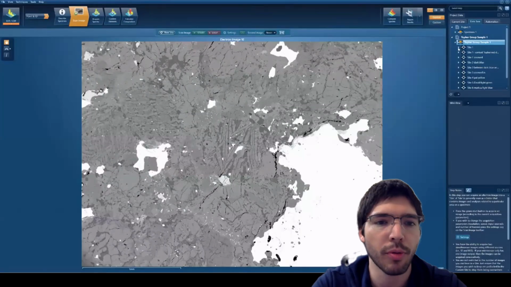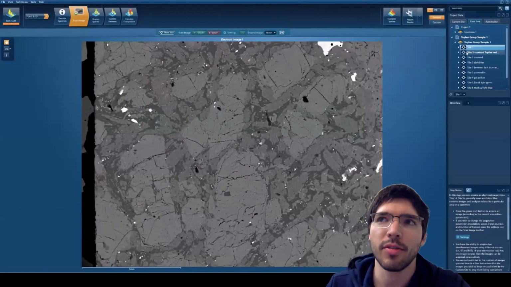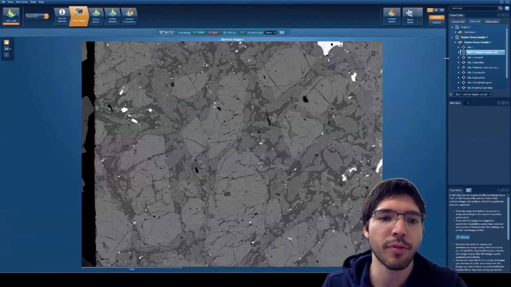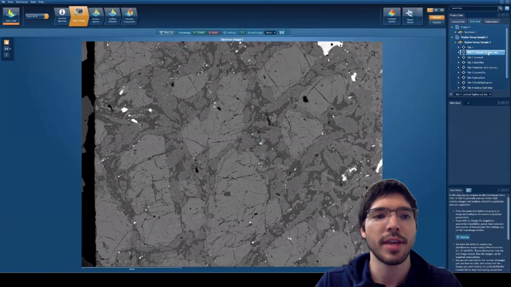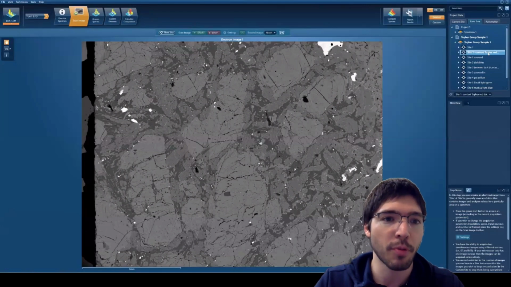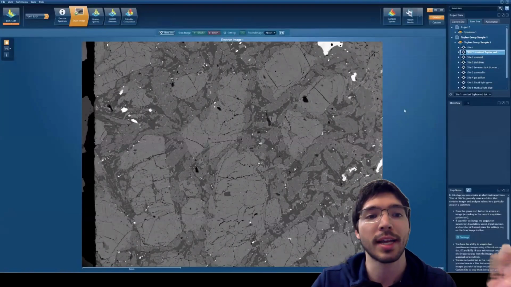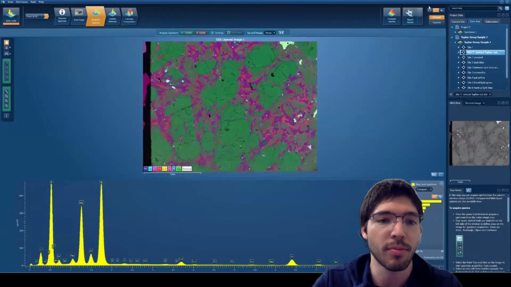This is run through the Oxford Instruments software, which essentially is part of the data processing that we do for all of our data collection on the scanning electron microscope and all the detectors that we use, including the EDS, or Energy Dispersive Spectroscopy, detector that we use to collect valuable X-ray data that we use to get chemical compositions of our minerals, which is essential for the classification process.